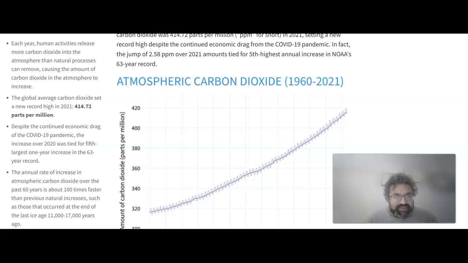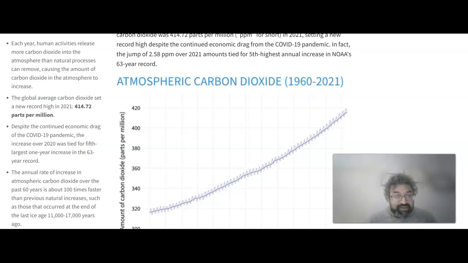Each year, human activities release more carbon dioxide into the atmosphere than natural processes can remove. So the global average carbon dioxide set a new record high in 2021, 414.72 parts per million, and that was the average.